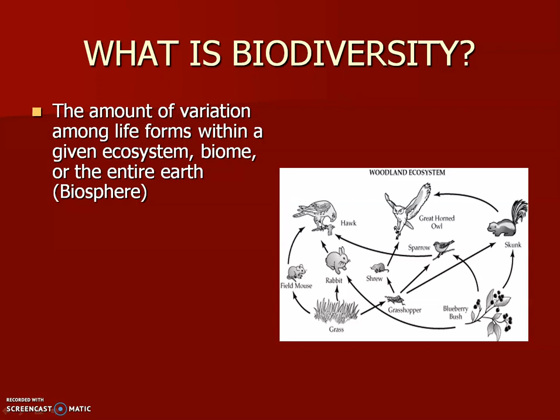That's everywhere. And so why is biodiversity important? Well, the more biodiversity you have, the more stability there is in an ecosystem. We talked about why it's really important to have variation within a species. We don't all look like each other at all.